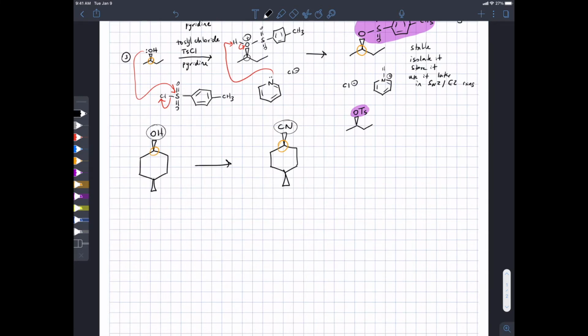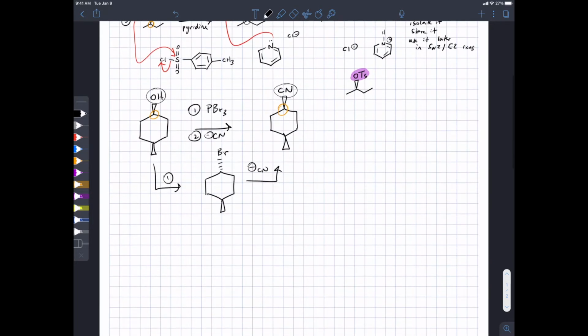So what you can do instead is two tandem SN2 reactions. Use PBr3 to first convert the OH into the inverted bromide, and then in a subsequent step add your nucleophile, and that gives you the right stereochemistry, which works fine.